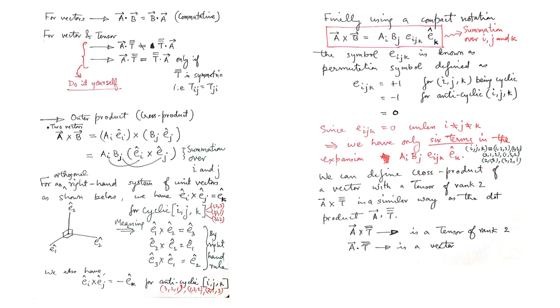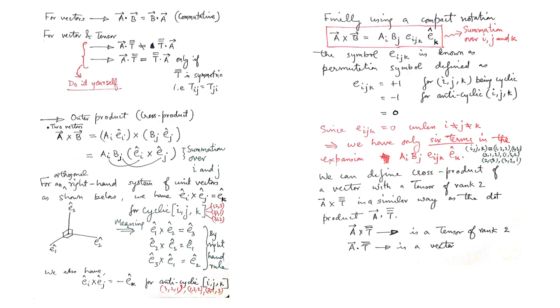Now for vectors, we know that A dot B is the same as B dot A, so it's commutative for vectors. But for a vector and a tensor, A dot T is never equal to T dot A. You can verify this using the dot product procedure and definition already discussed by me.